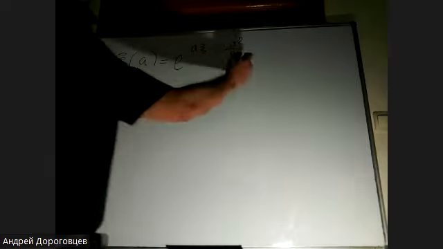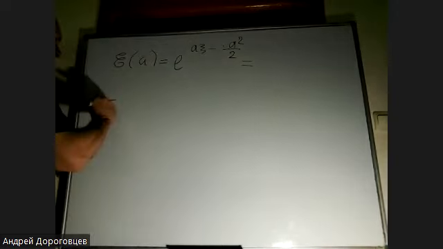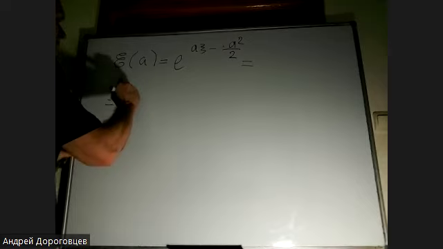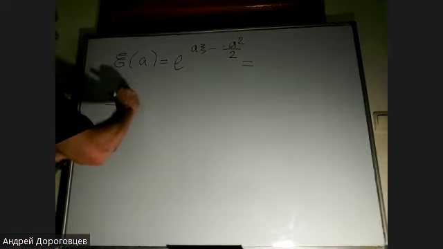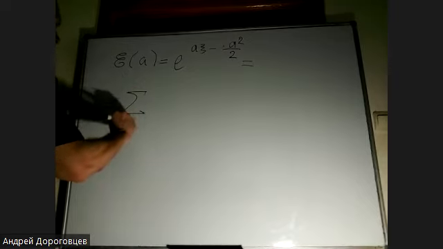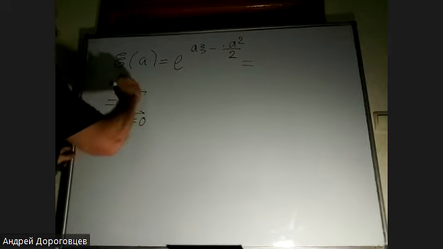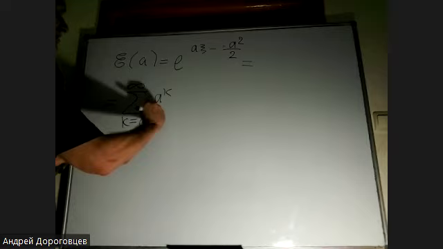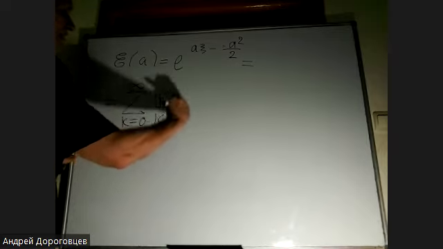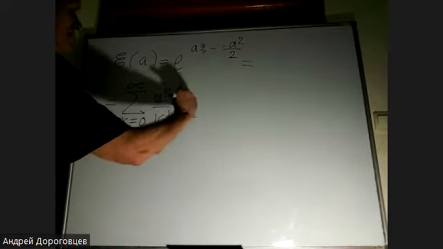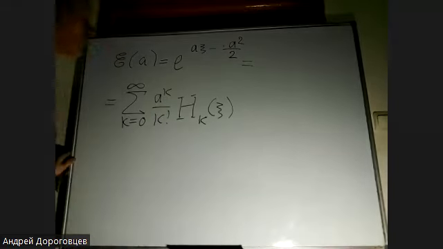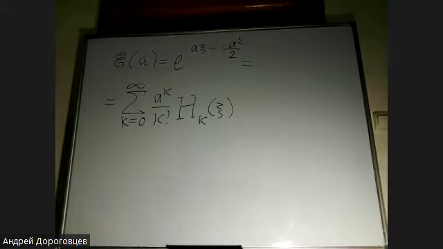So we remember this representation: here is the sum from k equals 0 to infinity of a^k over k factorial times h_k of ξ.